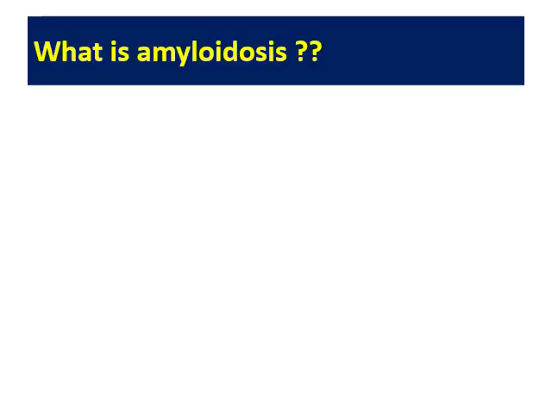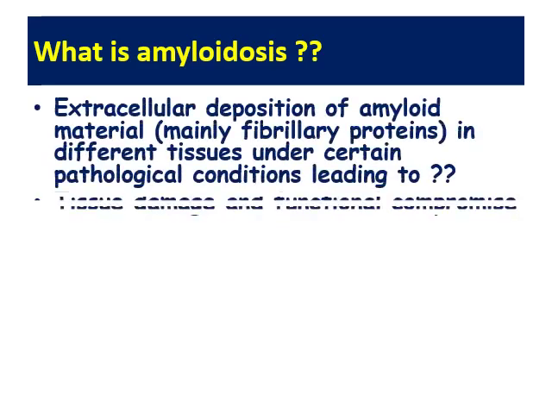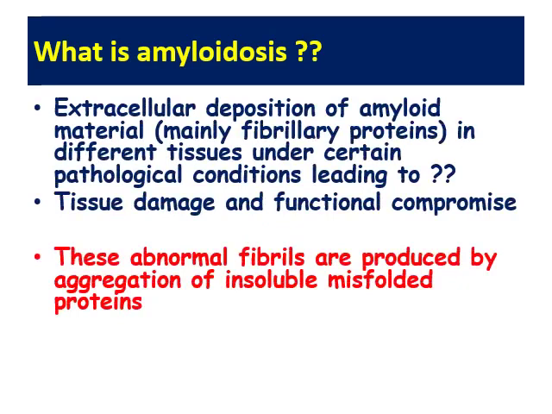The definition of amyloidosis answers these questions. It says that amyloidosis is extracellular deposition of amyloid material. Why is according to the cause, and it will be discussed soon. Where: in different tissues under certain pathological conditions.